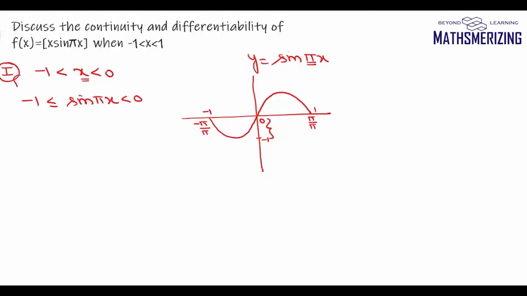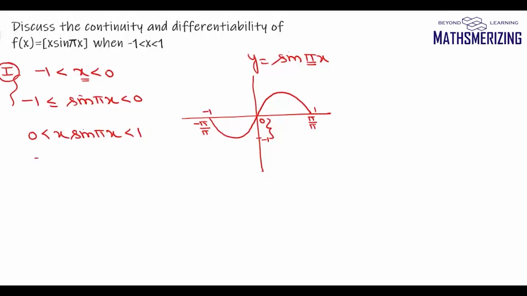Now if I multiply them, when I'm multiplying two negative numbers, I'm bound to get a positive number. And because numerically their values lie between 0 and 1, their product will also lie between 0 and 1. So this value will lie between 0 and 1.